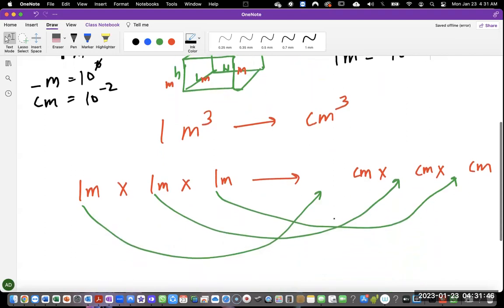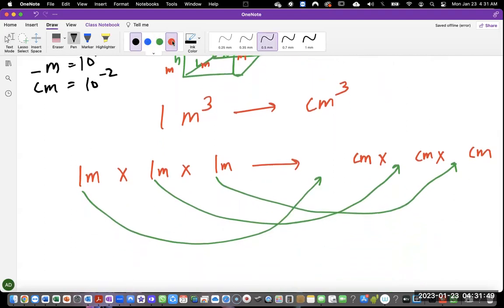Okay, so let's go back to this problem now. So guys, this 1 meter, when it's changed into the centimeter, you need a 10 to the power 2 here. The next 1 meter also needs its own 10 to the power 2 centimeter. The third one, same 10 to the power 2 centimeter.